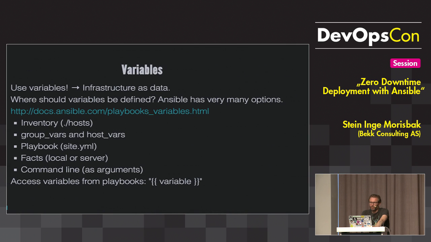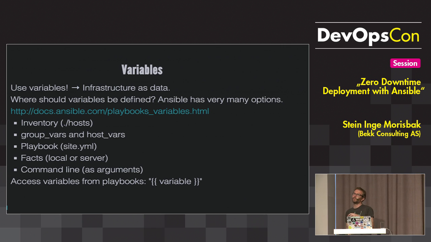Yeah, I talked about variables. Variables are really powerful because if you want to do a lot of stuff that are similar, you want to use variables to not write all these tasks per thing. For instance, if you want to install a bunch of software, you want to use a variable, a list that contains all the software, and you want to loop over that in one task.